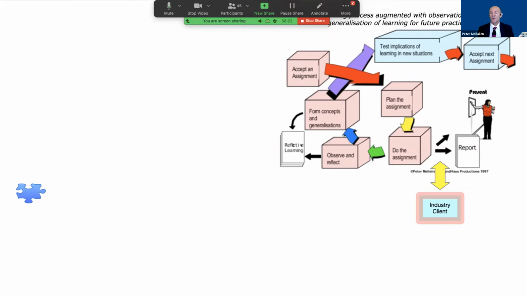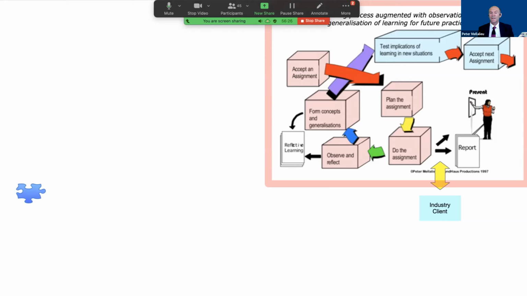The other aspect of this course is we undertake something called reflective learning. You'll be observing and reflecting on your experience of the course. You'll be logging that in a journal as you go through, and towards the end of the course you'll be producing what's called a critical reflective essay, which distills out some of the key concepts and the key learnings and insights that you've gained from the course.